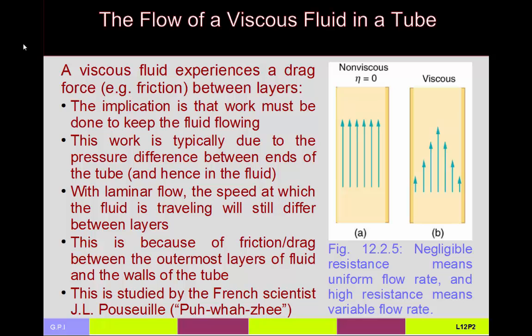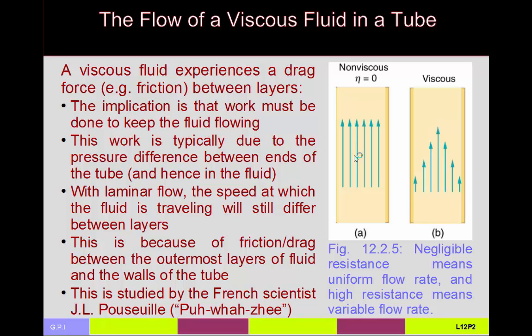If you have a non-viscous fluid in a smooth-sided tube, then basically every layer will have about the same velocity through the tube.